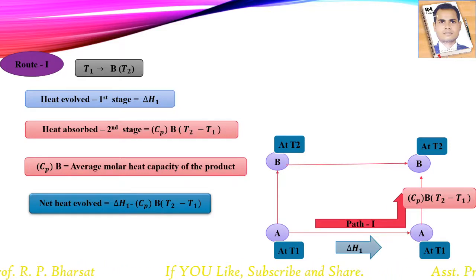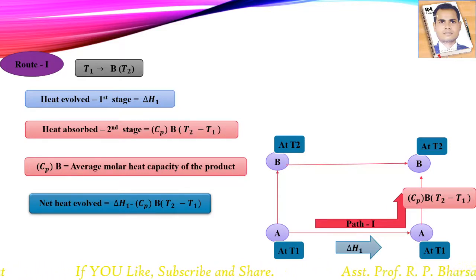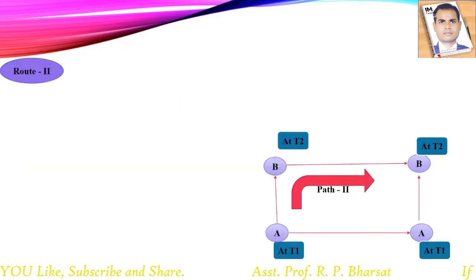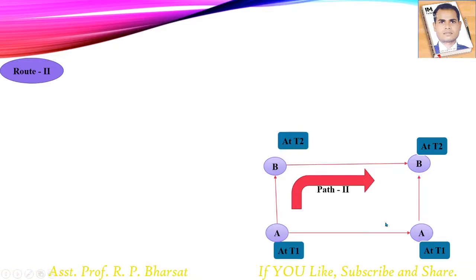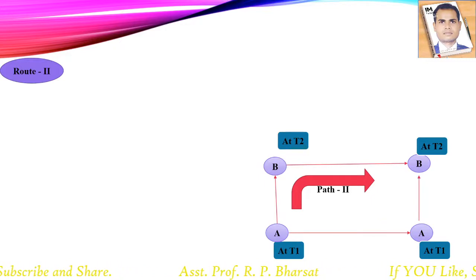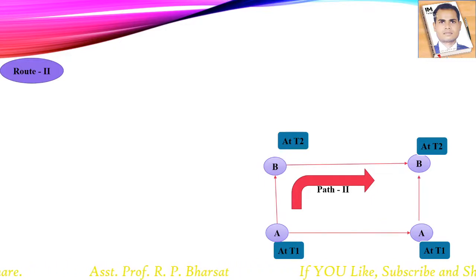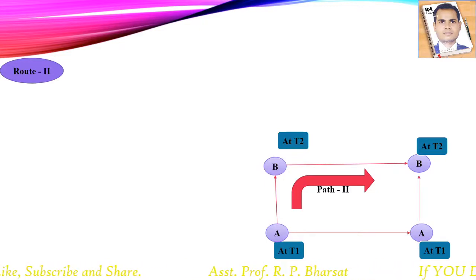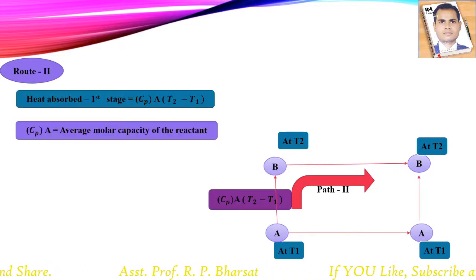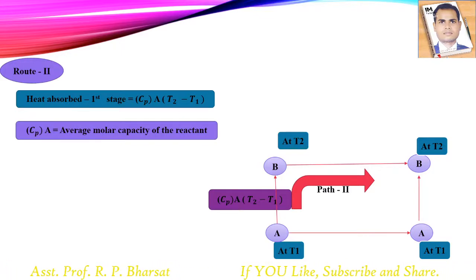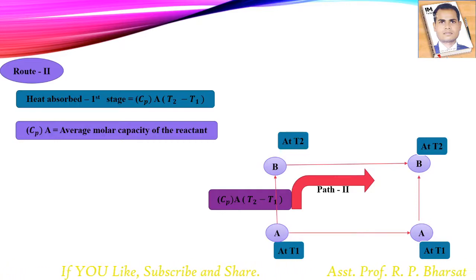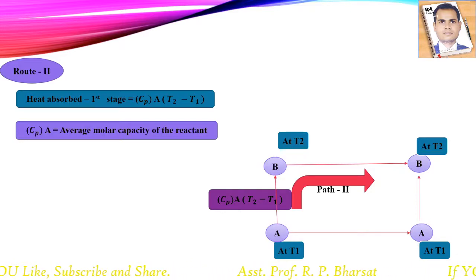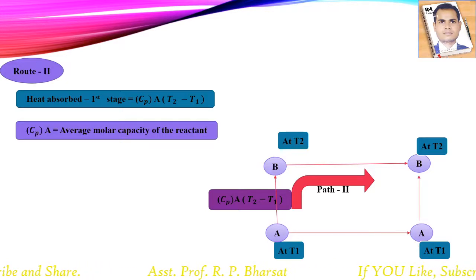And what will happen if we perform the reaction by the second path? In this case, first of all we heat up the reactant to the temperature T2, and then perform the reaction to give the product at the same temperature. In the first step heat is absorbed, that is Cp A (T2 minus T1), where Cp A is equal to the average molar heat capacity of the reactant.